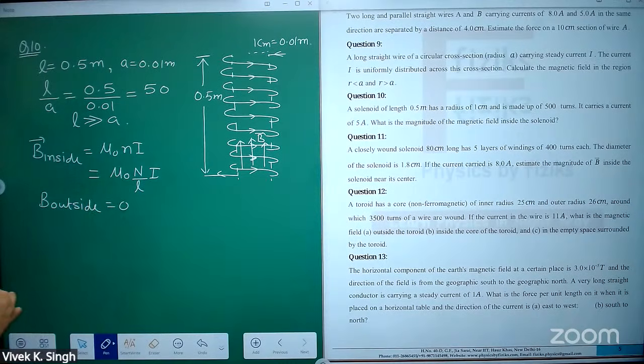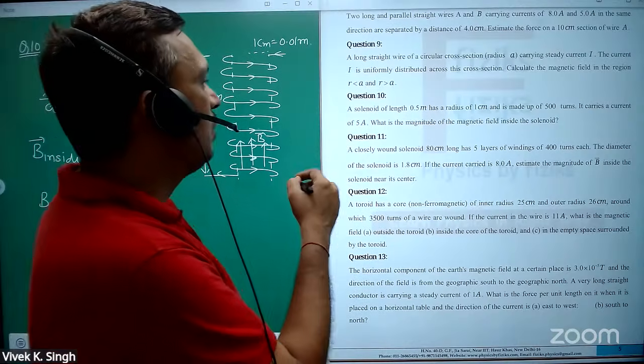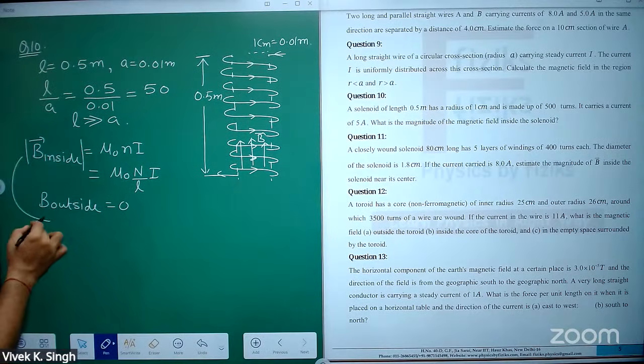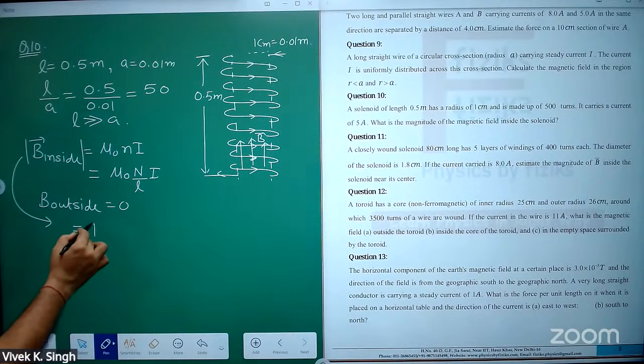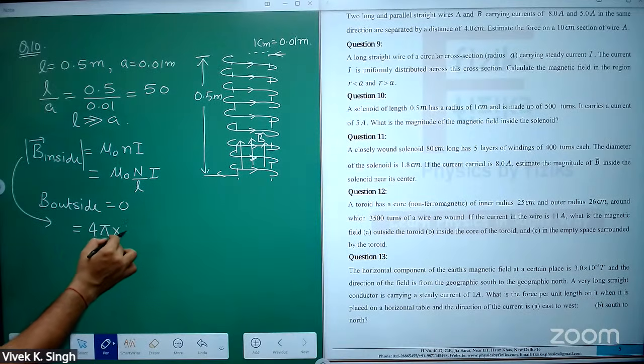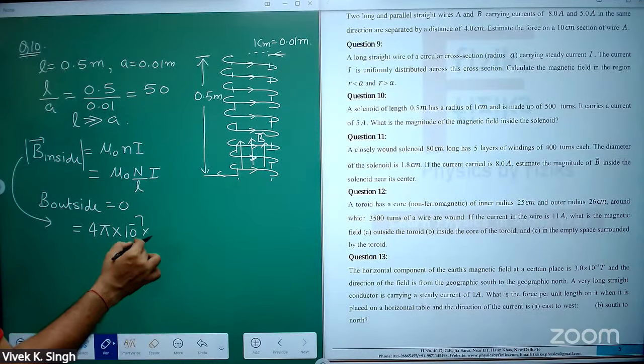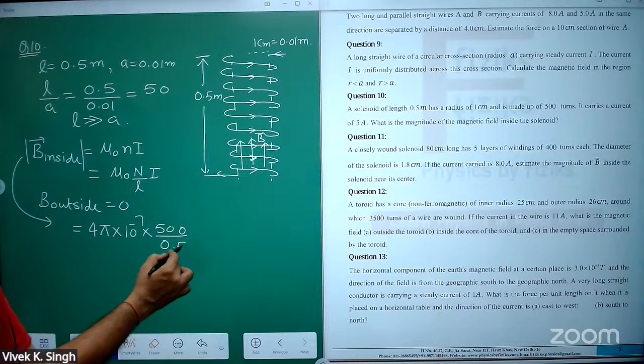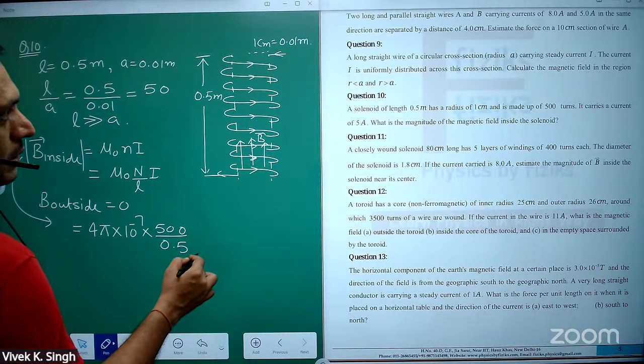So what is the magnetic field inside the solenoid? Magnitude you have to find. So this value is 4 pi 10 to power minus 7, n is 500 divided by 0.5 and current is 5 ampere.